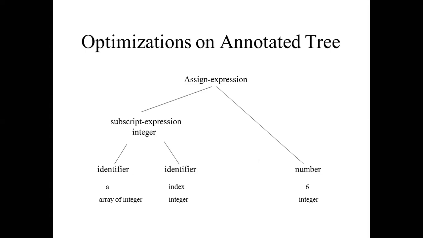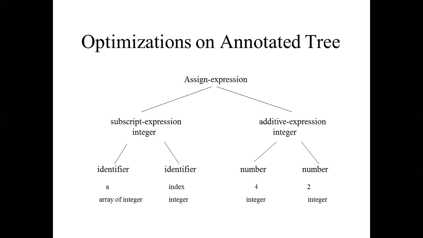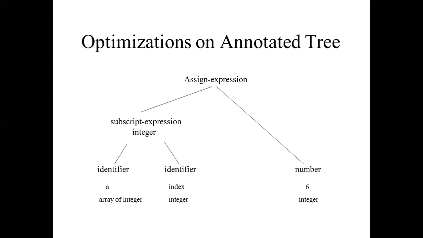Now you can check again in the next slide, the assign expression. Here is identifier A index on the right side. I am not writing the 4 plus 2; instead, 4 plus 2 means 6, so here we are writing 6 directly.